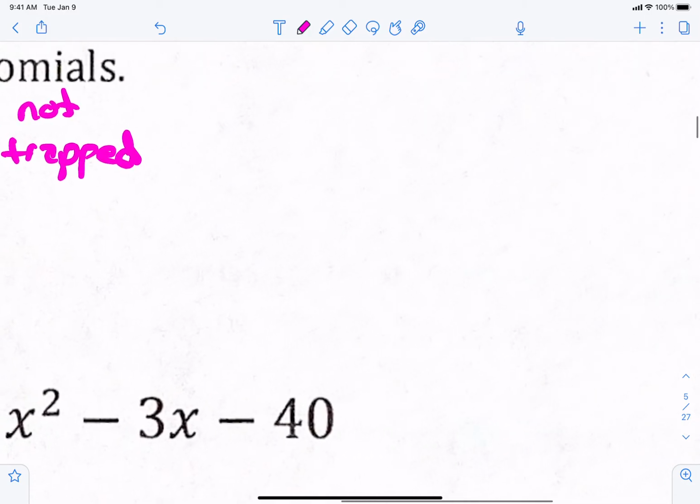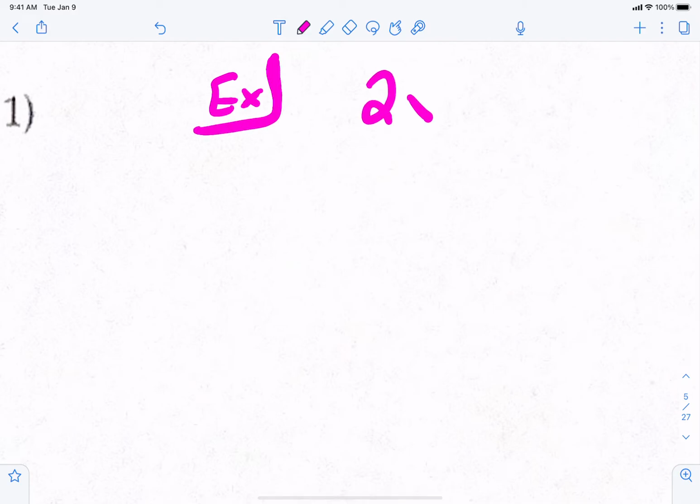I'm going to give you one over here, and I'm going to have you do this one by yourself. Off to the side, let's give another example just so that you can be clear on this. Let's say 2x to the 3rd, y to the 2nd, z.